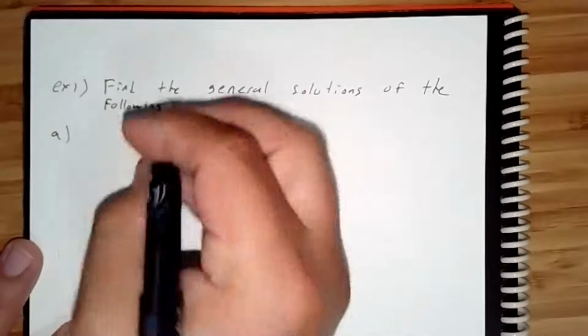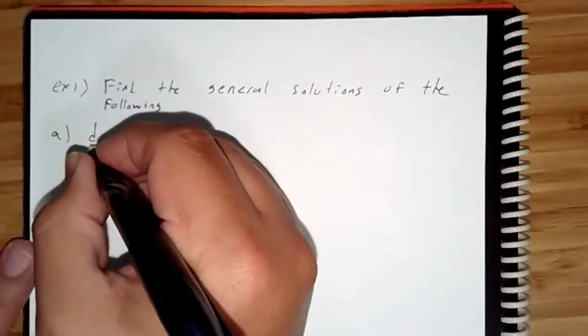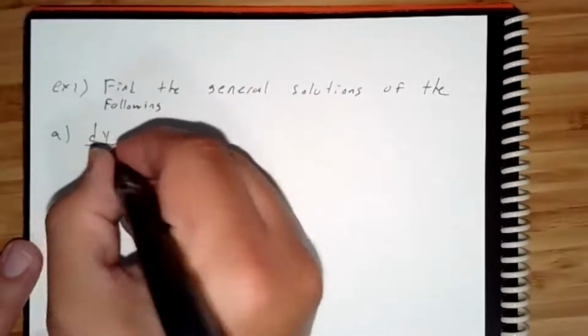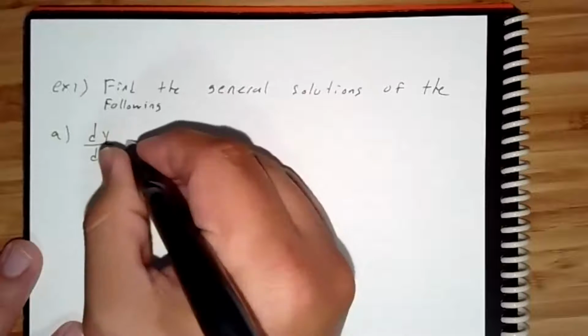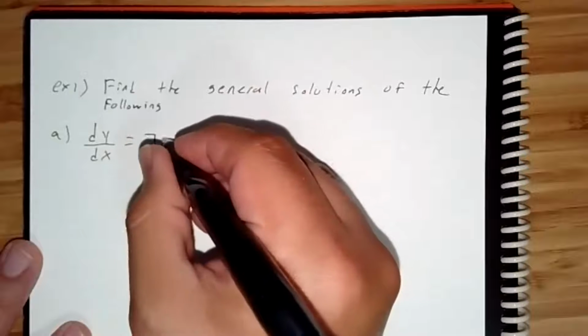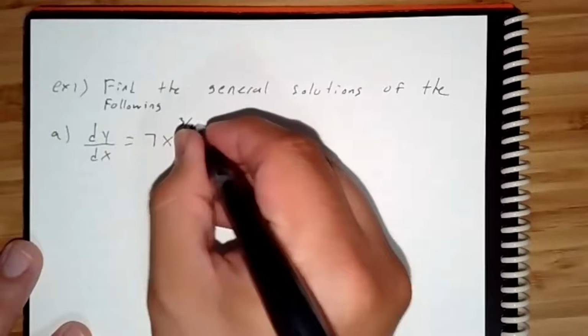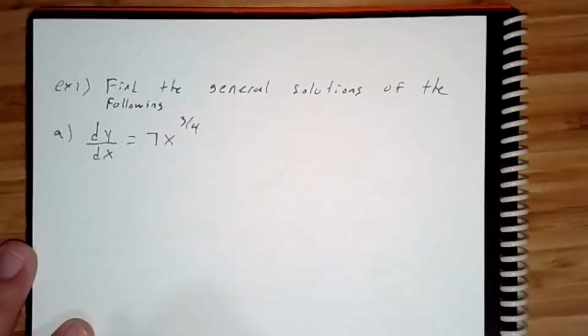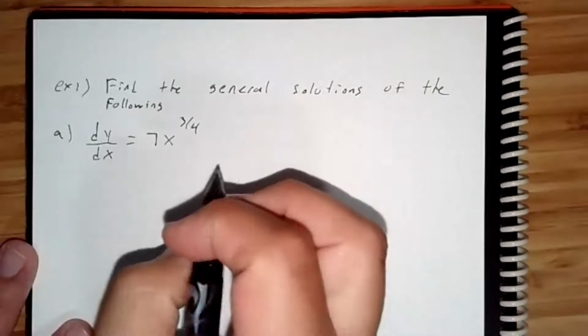So dy dx equal to 7x to the 3/4. Find the general solution. So all we have to do is integrate both sides.